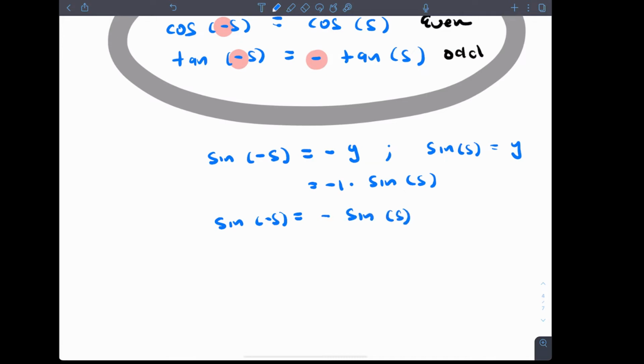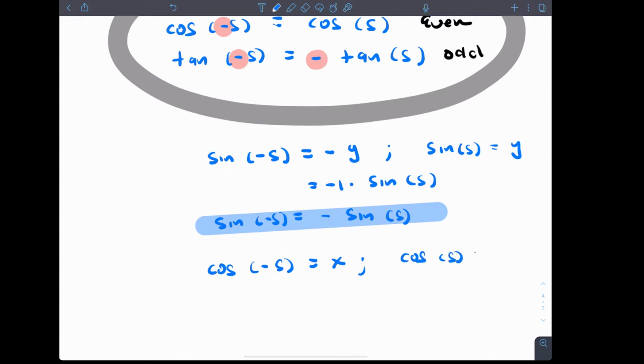So this is where this comes from. It comes from the fact that the y coordinate value is now a negative value. And so they call that an odd function, whereas cosine doesn't change, right? Cosine minus s is that x value, which is the same as what it was to begin with, because it doesn't change.